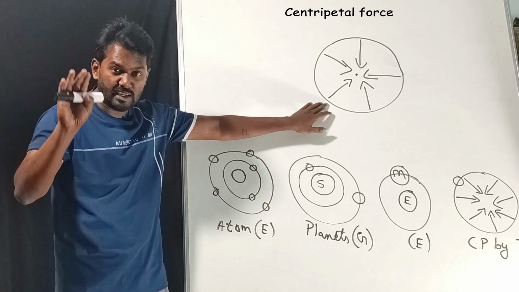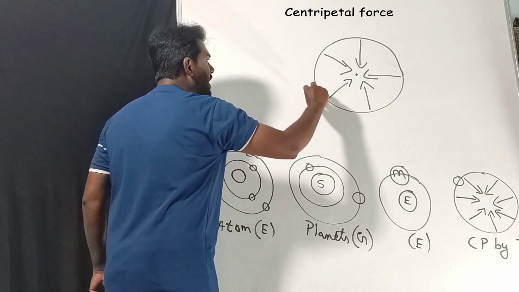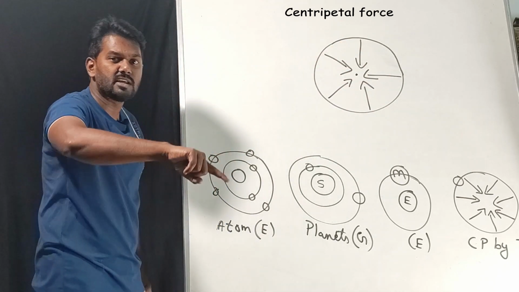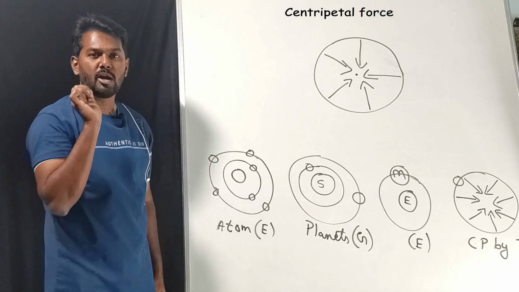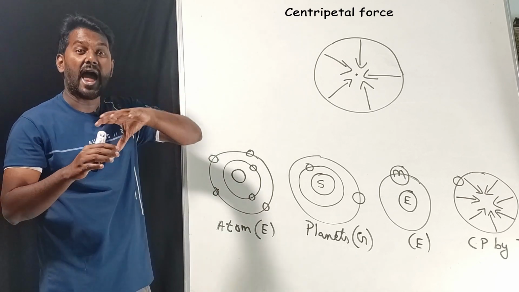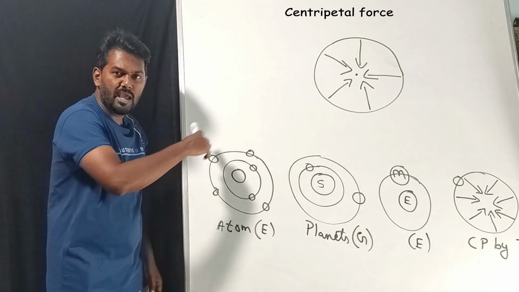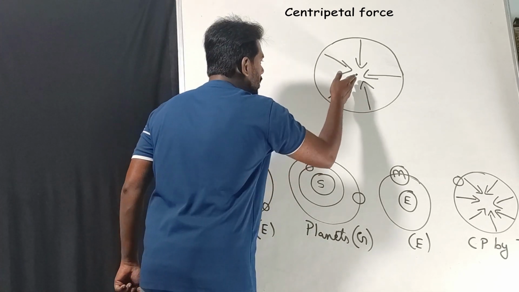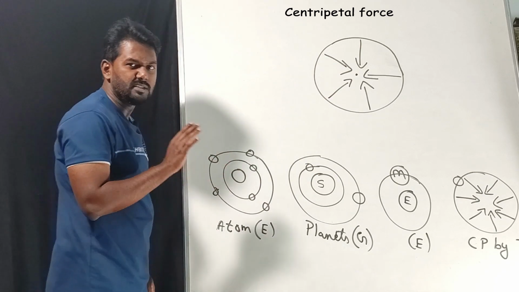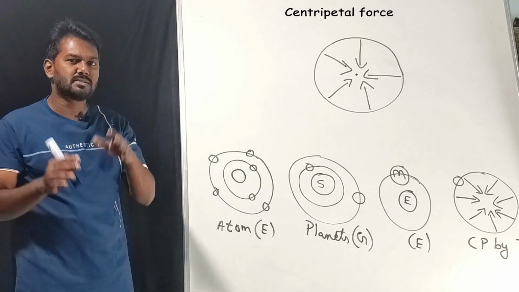Centripetal force is a real force which acts on a body which is moving in a circular path, and the force will be directed towards the center. This is the definition of centripetal force.